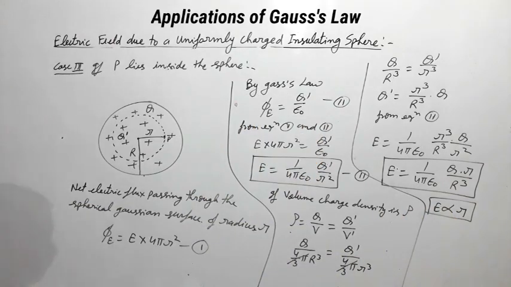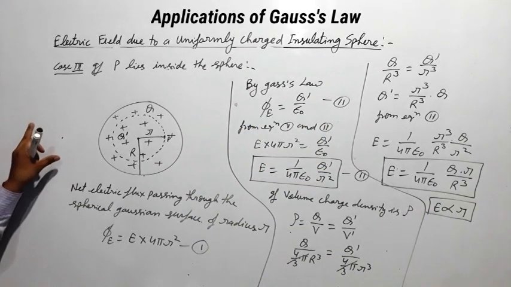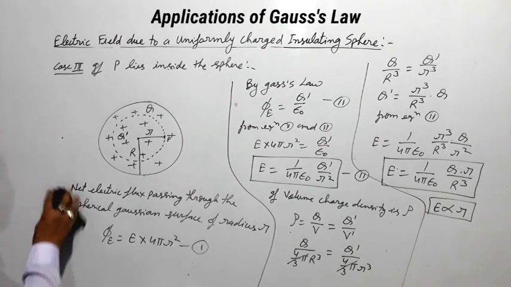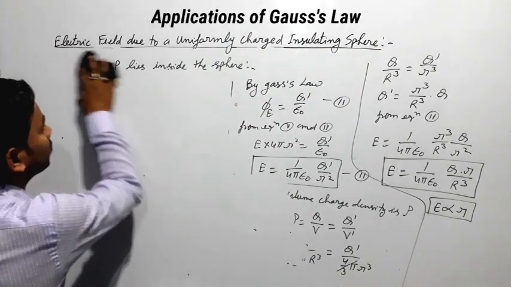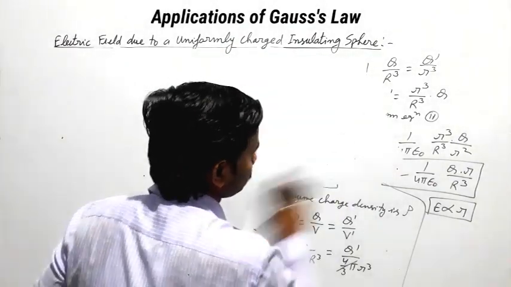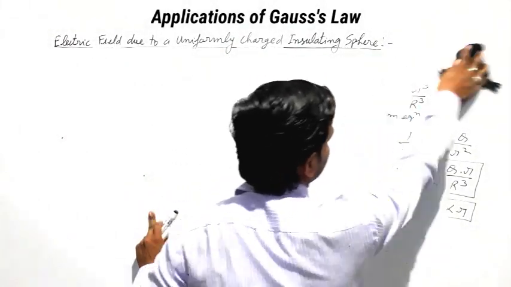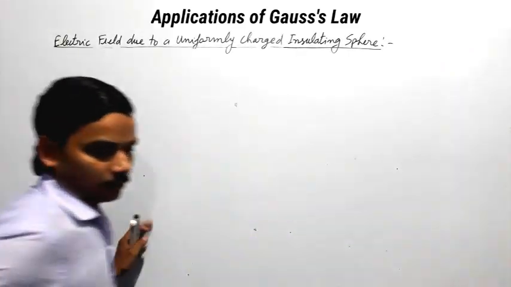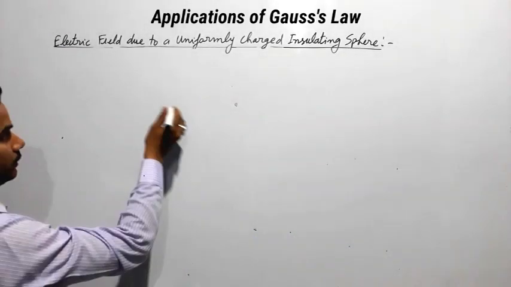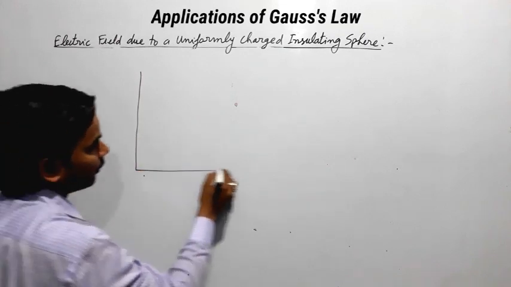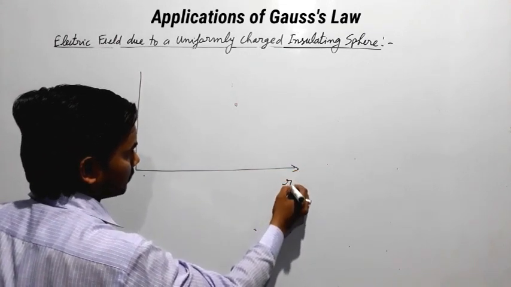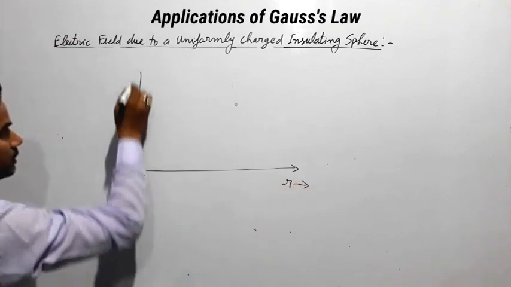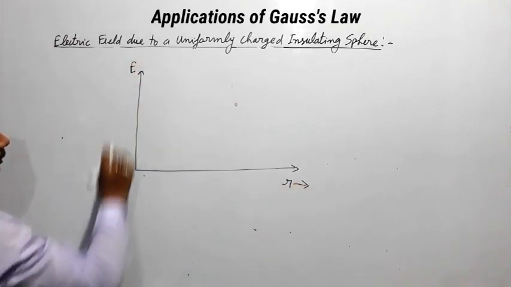Now if we draw a graph between electric field and distance for an insulating sphere, we will draw the graph. Distance small r lies on the x-axis and electric field lies on the y-axis.